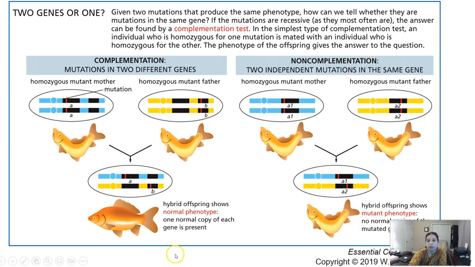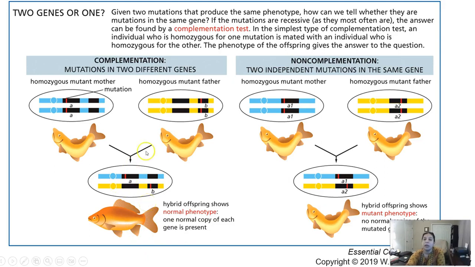If the mutation occurred because of two different genes, then when you cross two different individuals, both with the same mutated form, but as a result of mutations in different genes, when you combine them, the progeny is going to show a completely normal phenotype, because one of the mutants will provide the wild type copy of the second and the other the wild type copy of the first, and now your resulting progeny is going to have a wild type phenotypic expression at the end of the day, because they'll be heterozygous for both.